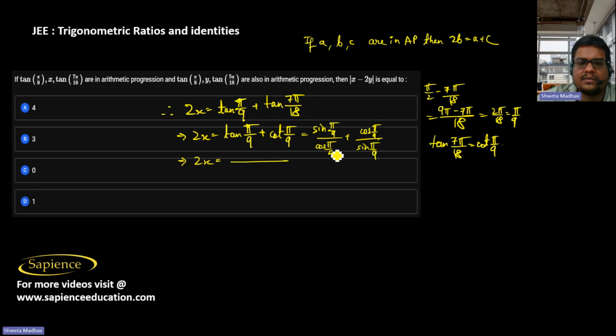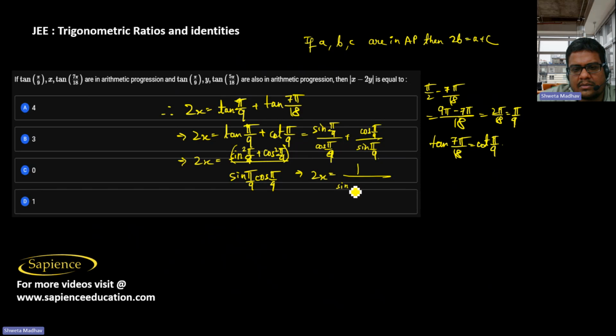If you take LCM, then we'll get sine pi by 9 into cos pi by 9, and then in the numerator we will get sine square pi by 9 plus cos square pi by 9, that is sine square plus cos square, which is equal to 1. So therefore 2x will be equal to 1 by sine pi by 9 into cos pi by 9.